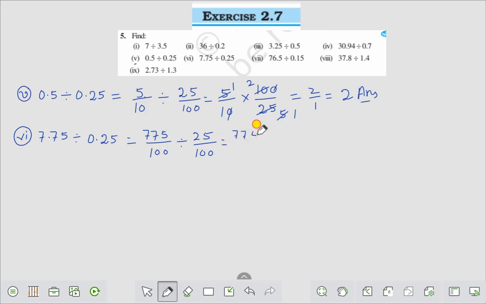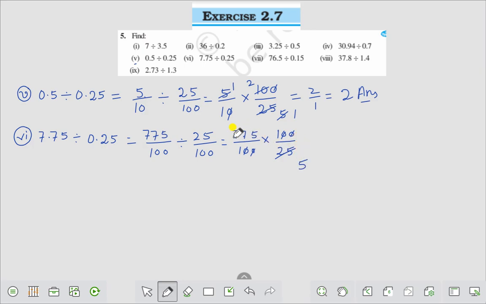That is equal to 775 by 100 multiplied by the reciprocal of 25 by 100. The reciprocal of 25 by 100 is 100 by 25. This 0 will be cut and this 0 will also be cut. If we divide by 5, 5 5 is 25.